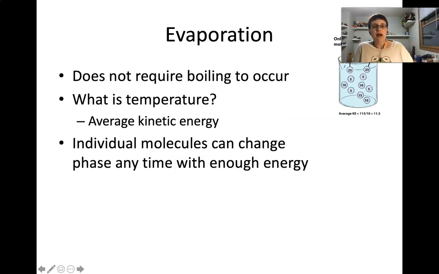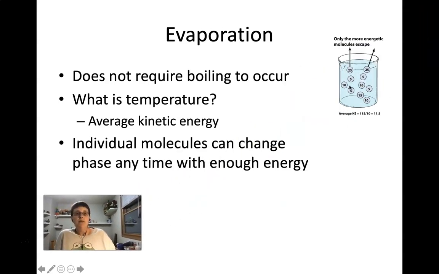So if we take a look at these little beakers here, we've got these molecules. They've got their kinetic energies assigned to them. The average kinetic energy is 11.5, but we've got some of them that are up here that have 25. And that's enough kinetic energy for them to escape the beaker.